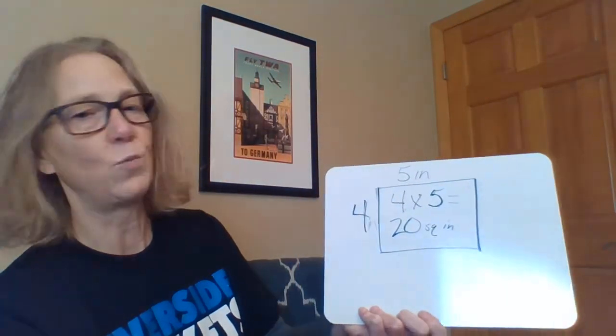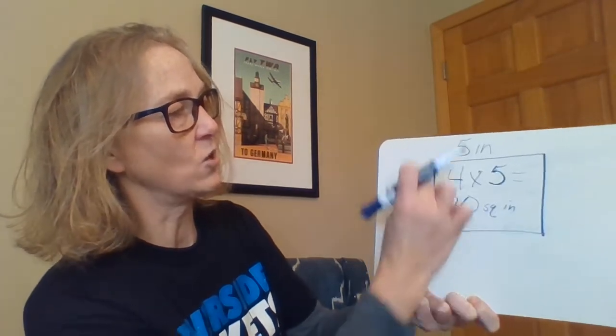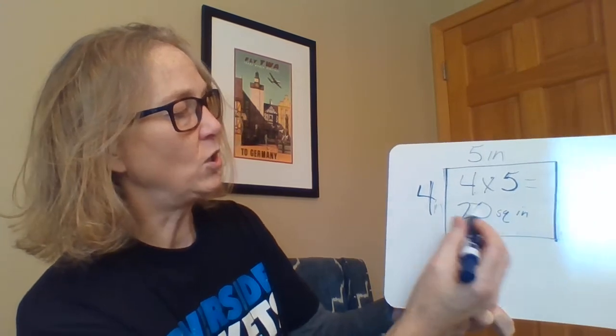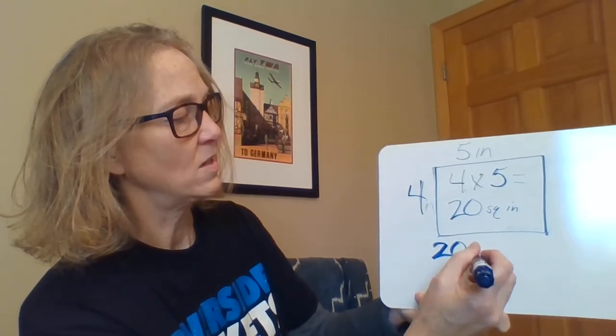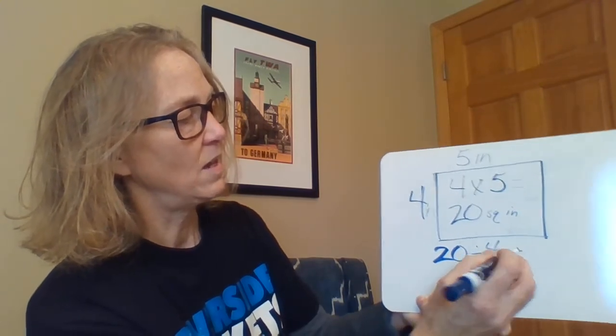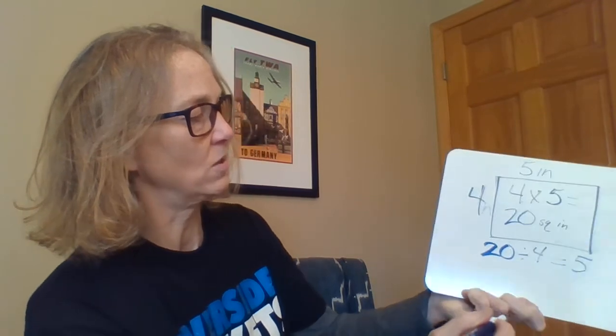Now let's take a look at how we can use this area model to help us with our division problem. So we would start with the larger inside area of 20. We'd go to one of our dimensions and divide that dimension. And then that would give us the answer to our other dimension.